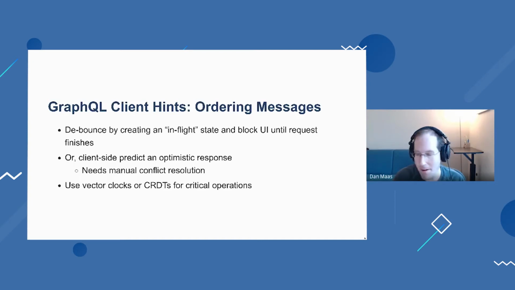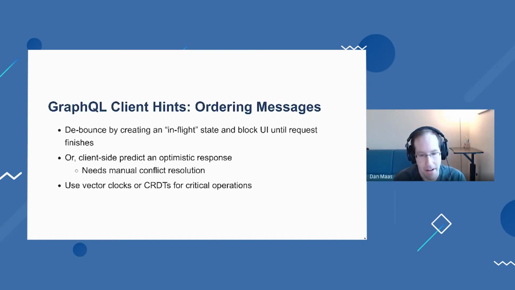And the Apollo docs go into detail about this. It's one of the trickiest parts of writing a GraphQL UI, I've found, is trying to make it sort of instantaneously responsive, but also handle all the cases of either a previous client request updating something, or the server wanting to update something, and kind of resolve that in a clean way.